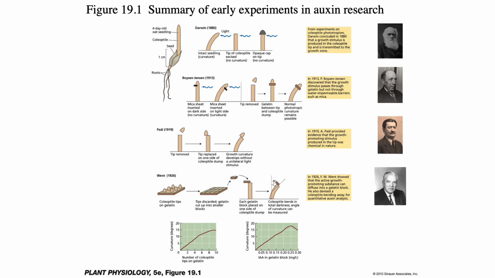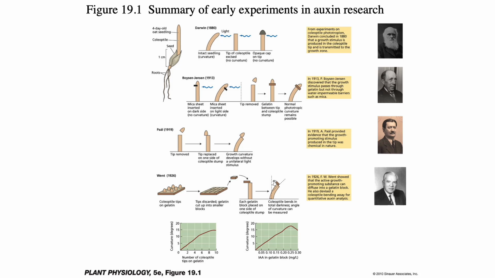Finally, in 1926, Fritz Went was credited with the discovery of auxin by performing the following experiments. He cut tips off of coleoptiles and placed them on a gelatin slab. He removed the tips and cut the slab into blocks. He then placed the blocks on the coleoptile edges and measured the angle of curvature after a period of time.